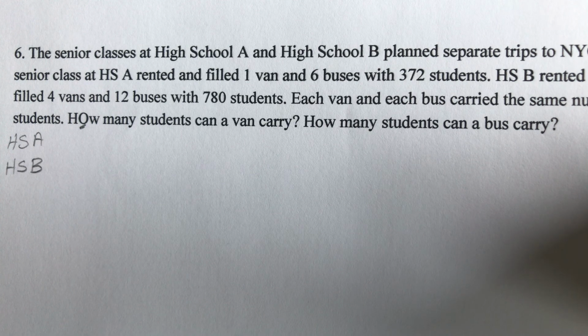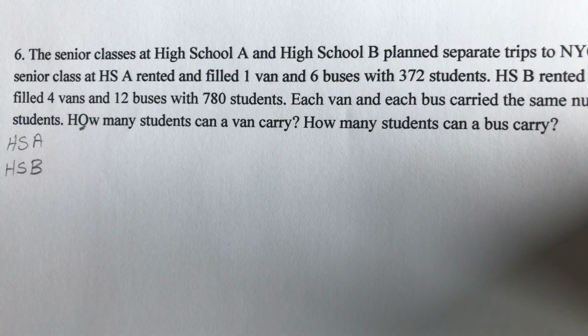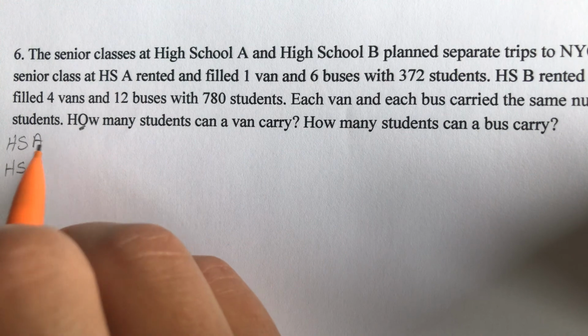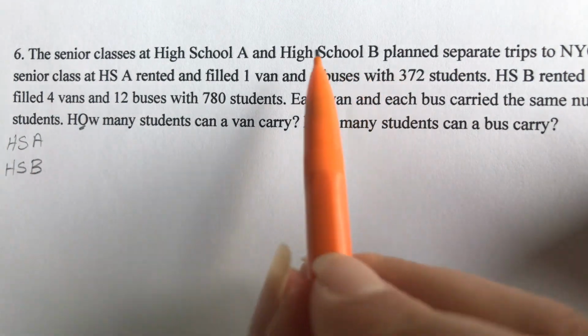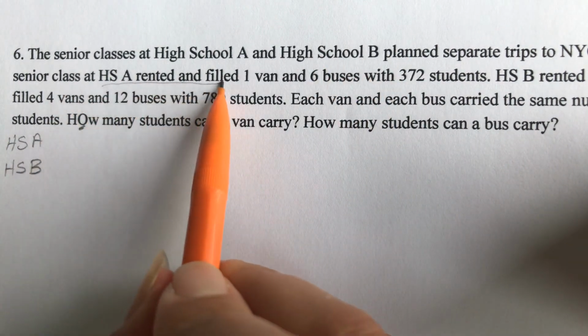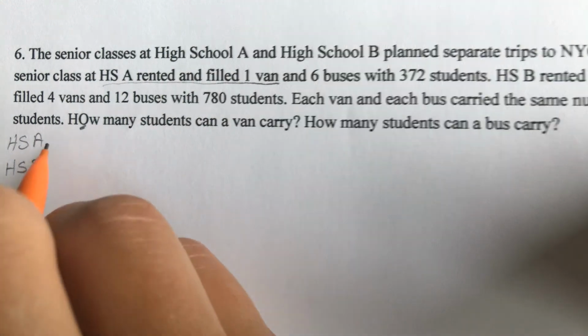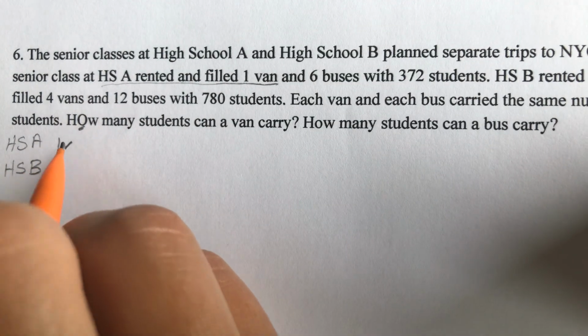Let X equal van, let Y equal bus. And this way it keeps you organized as well. But I'm going to use V and B because I think it's just easier to keep us organized.